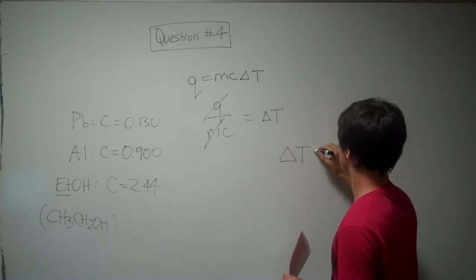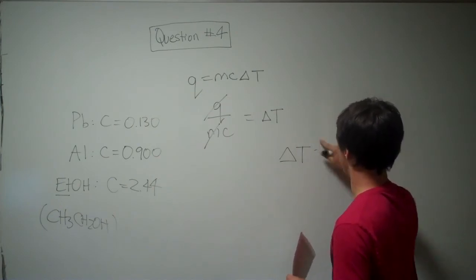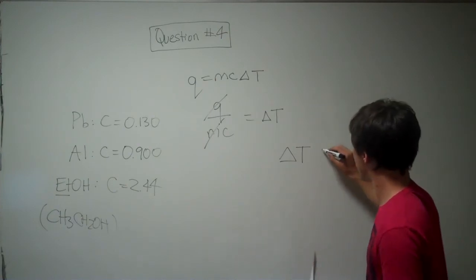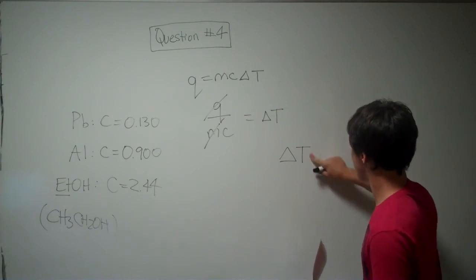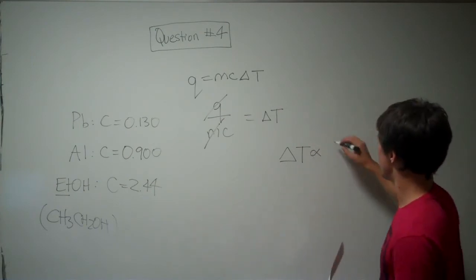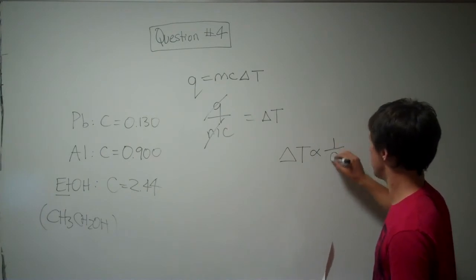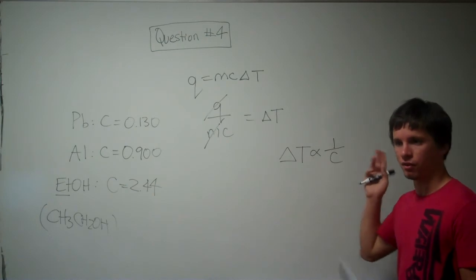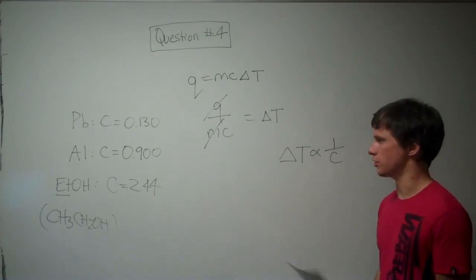delta T is proportional to 1 over C. So the higher the C, the lower the change in temperature.